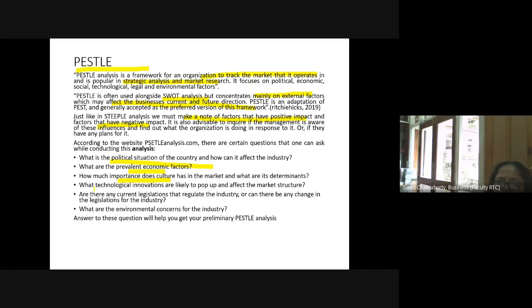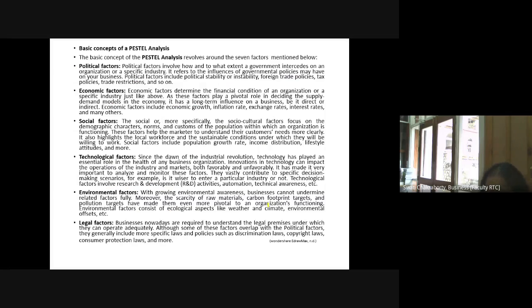What are the technological innovations that are likely to come up and affect the market structure? Are there any current legislations that regulate the industry, or can there be any change in the existing legislations? What are the environmental concerns for the industry? So these are some of the questions which will help in doing the preliminary PESTLE analysis.